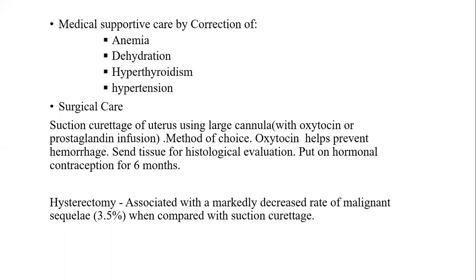Or if there is torrential bleeding, then you may consider hysterectomy, because this is a more sensitive disease. So unless they really achieve desired family size, you don't hysterectomize them routinely. Carry on. Okay, thank you.